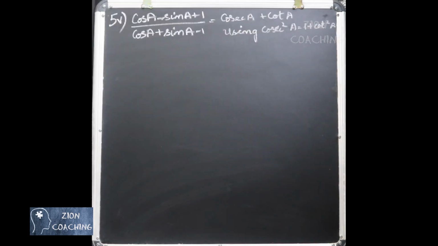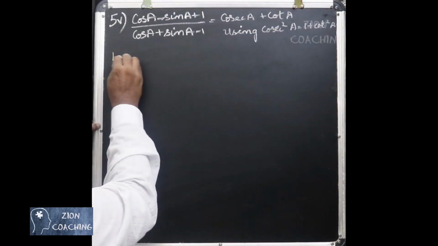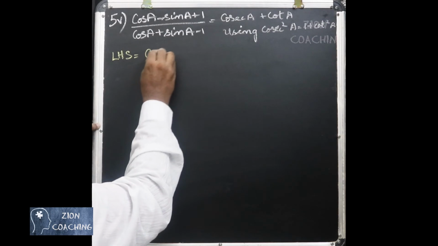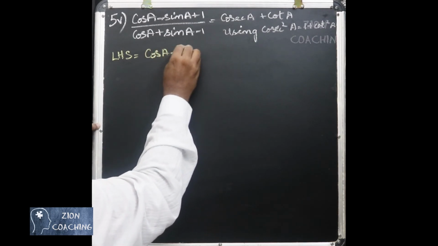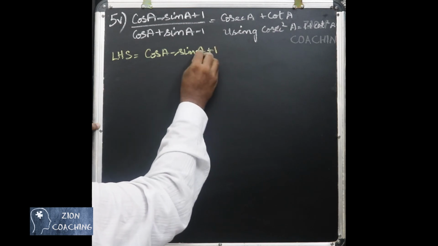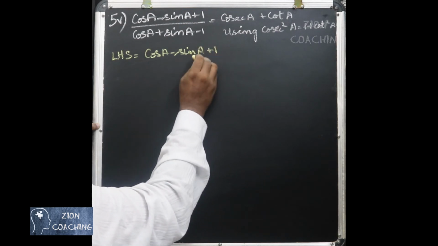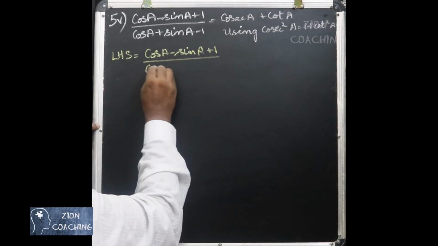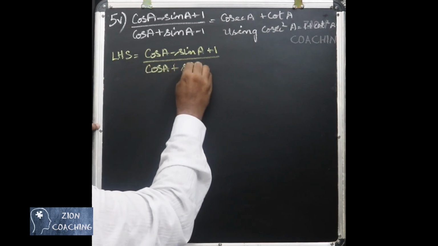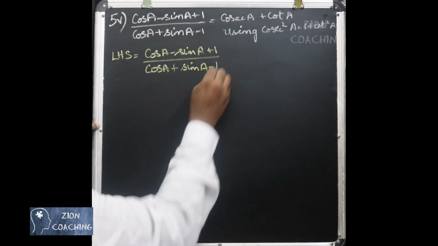Question number 5, fifth subdivision. We have our LHS equal to cos A minus sin A plus 1 by cos A plus sin A minus 1.